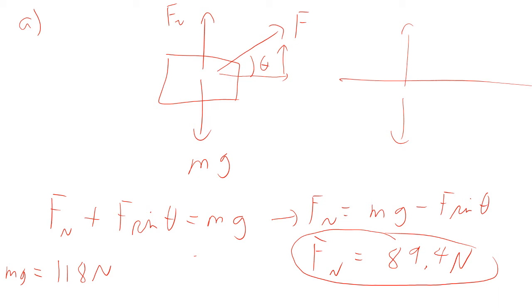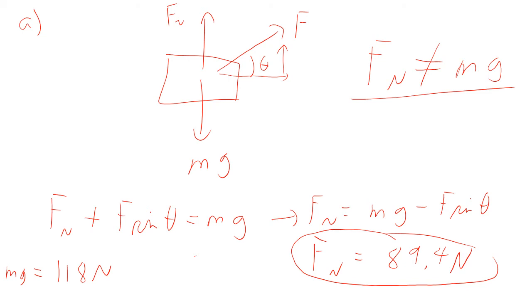So notice, in this case, very important, the normal force is not equal to mg. The normal force is not equal to mg cosine theta. The normal force is what it needs to be to keep this thing from coming off the surface.